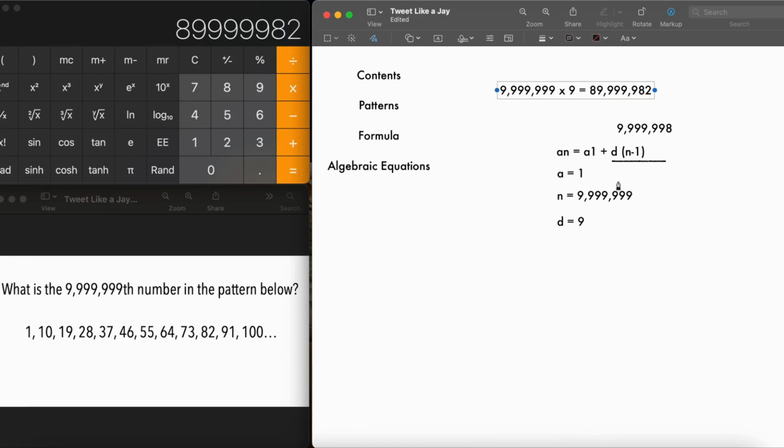So we got this amount, and we can just label this amount as X. We can say X equals D times N minus 1. So it's basically this.